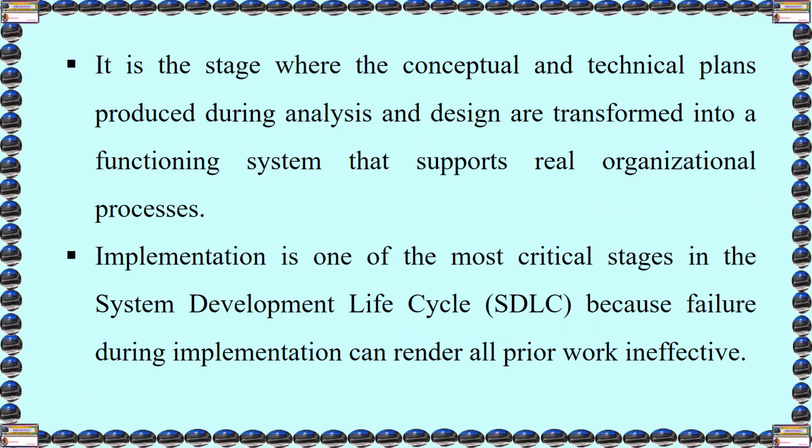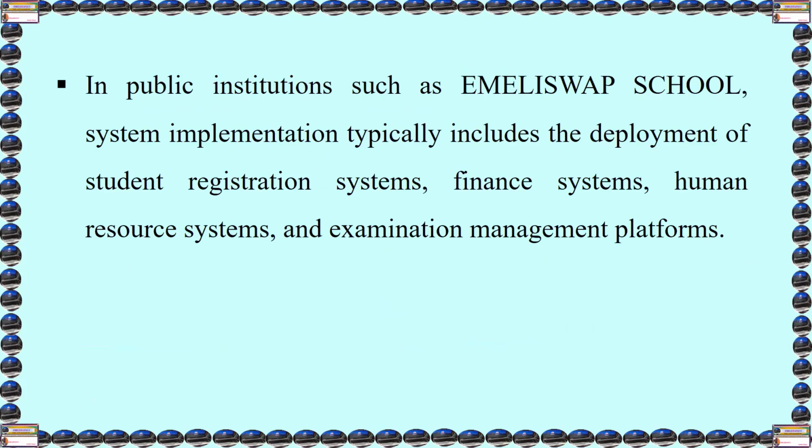Implementation is one of the most critical stages in the system development life cycle because failure during implementation can render all prior work ineffective. In public institutions such as ML Swap School, system implementation typically includes the deployment of student registration systems, finance systems, human resource systems, as well as examination management platforms.